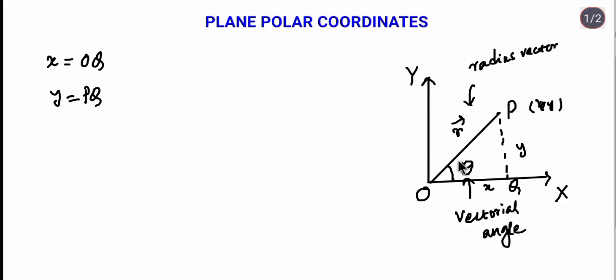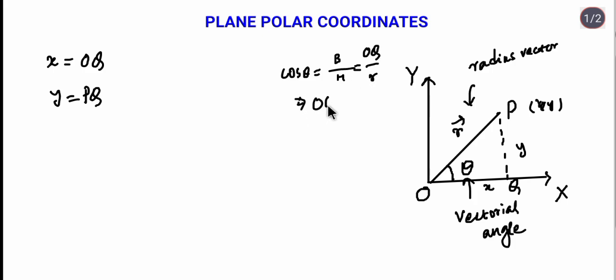This is a right angle triangle and this is theta, and we know the hypotenuse, so we have to find the base. To find the base, let's do cos theta, which is base by hypotenuse, and base is our OQ and hypotenuse is our r.